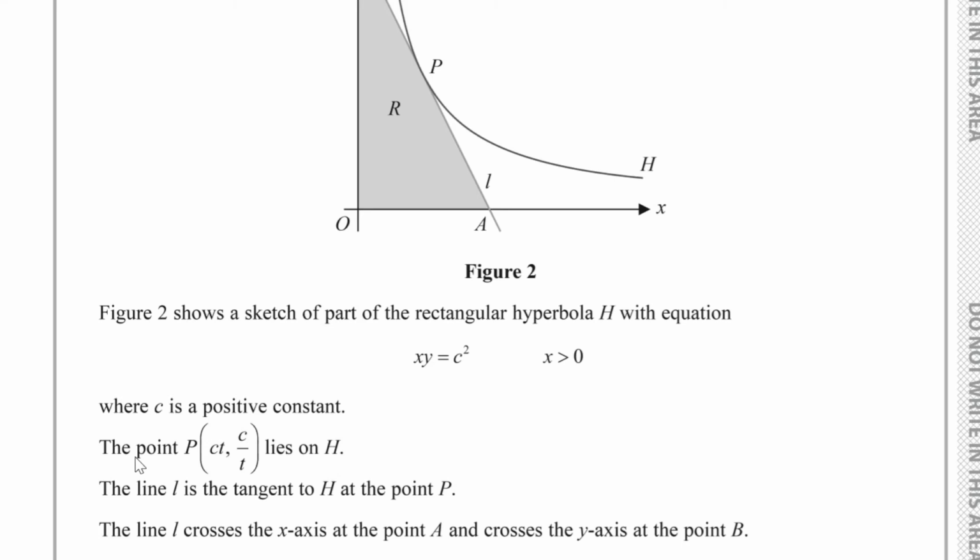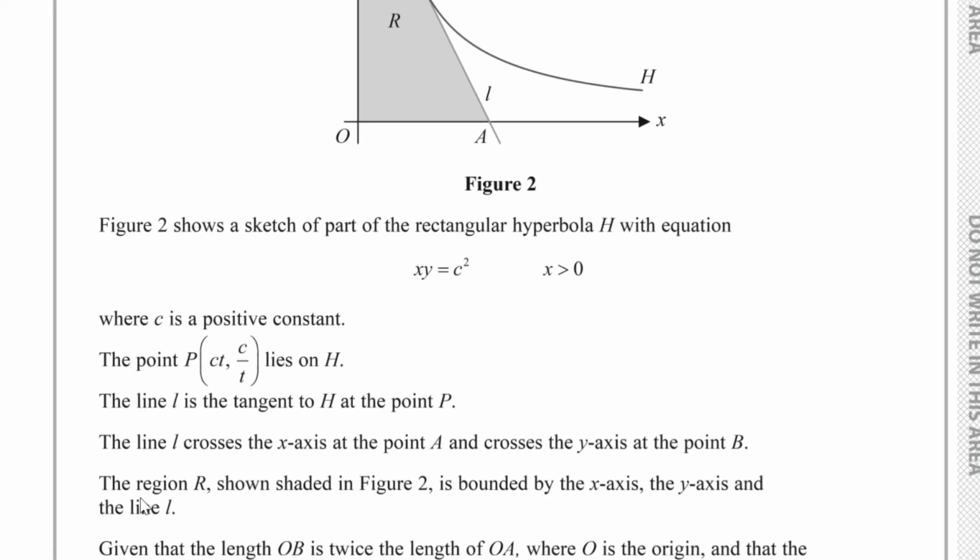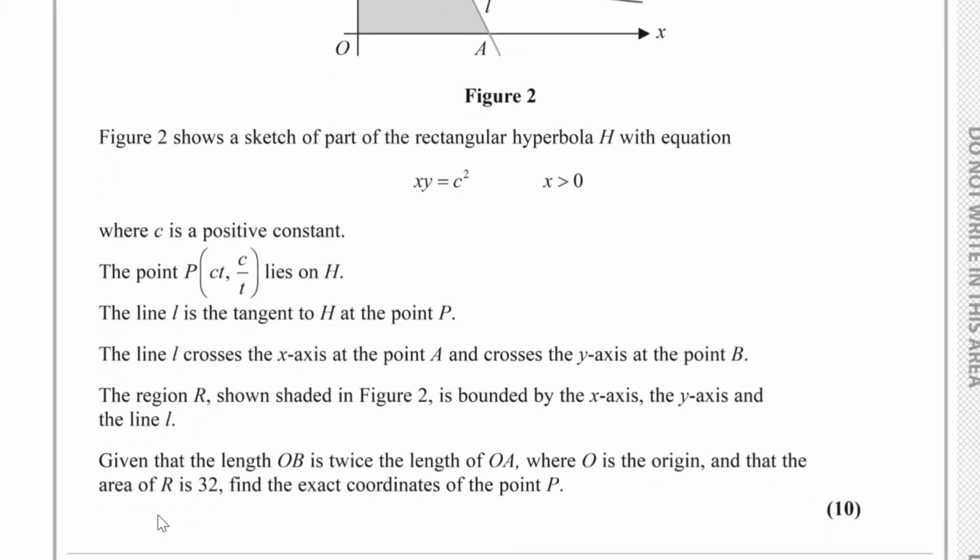Now, the point P with coordinates ct and c over t lies on H. The line L is a tangent to H at the point P. The line L crosses the x-axis at the point A and crosses the y-axis at the point B. The region R, shown shaded in figure 2, is bounded by the x-axis, the y-axis and the line L. Given that the length OB is twice the length of OA, where O is the origin, and that the area of R is 32, we have to find the exact coordinates of the point P.